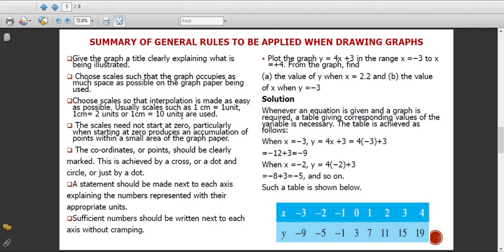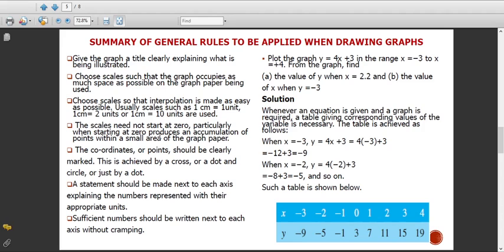I shouldn't expect a scale where 1 unit represents 0.008 units, or 3.55 centimeters or meters or kilograms. You should choose scales that are easy to work with.